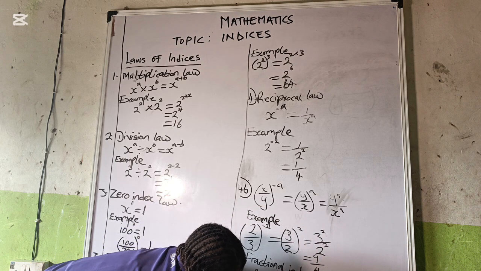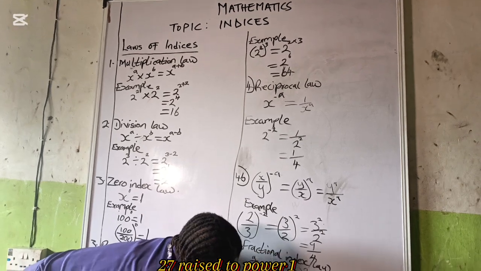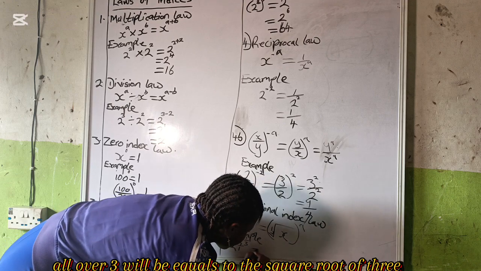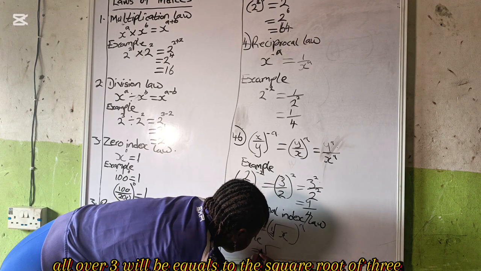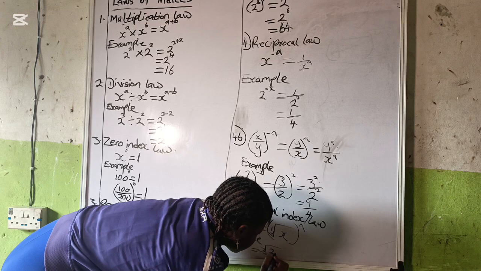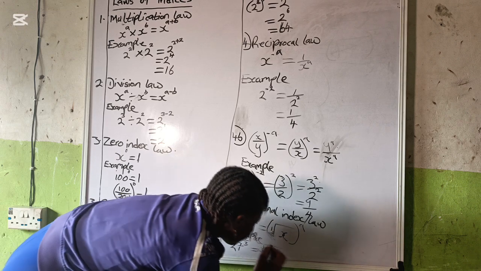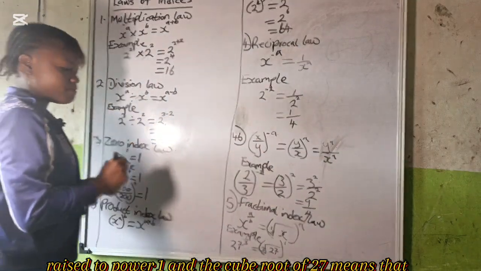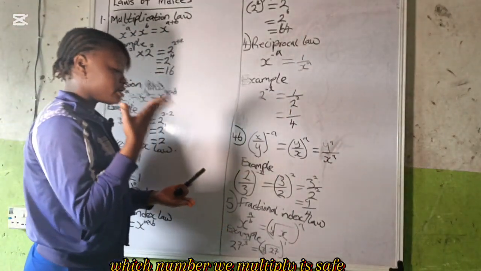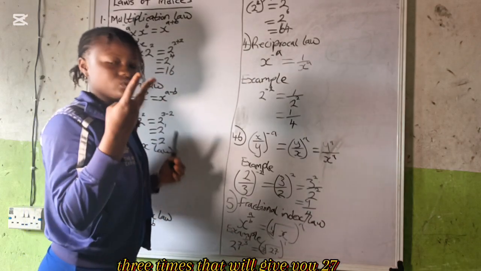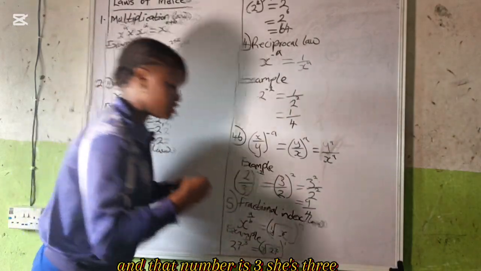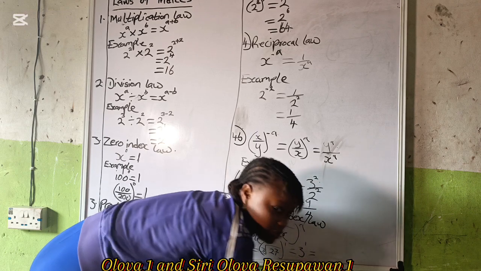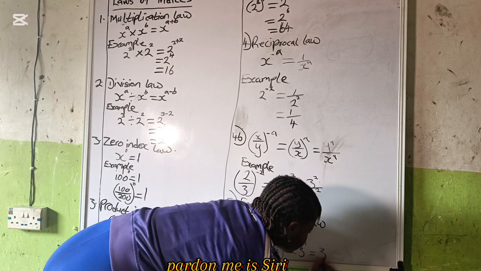Example, when 27 raised to power 1 over 3 will be equal to the cube root of 27 raised to power 1. And the cube root of 27 means which number we multiply 3 times that will give you 27, and that number is 3, which is 3 over 1. And 3 raised to power 1, pardon me, is 3.